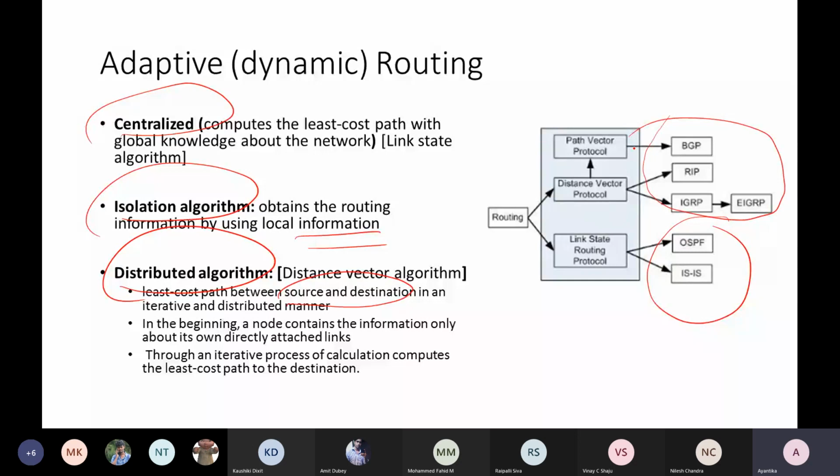What we are interested in, we will be talking in detail about one algorithm, that is the optimized link state algorithm. Because when we talk about the embedded scenario, if you take any example of embedded networking, that is mostly prominent in CPS or IoT scenarios.